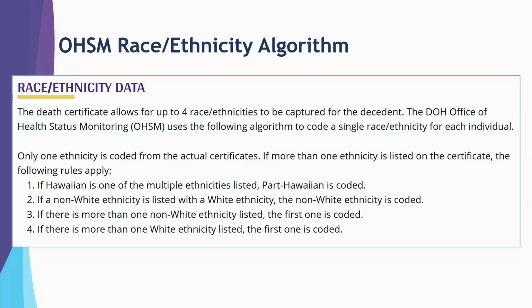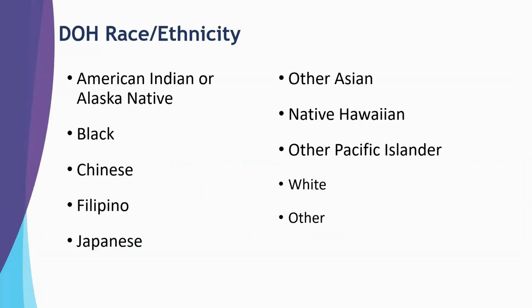If there's a non-white race ethnicity listed with white, we code the non-white option. And then the last 2 rules are about the order of selection. But this algorithm allows us to look at data by these 10 race classifications. That really helps, again, given the diversity of our population.